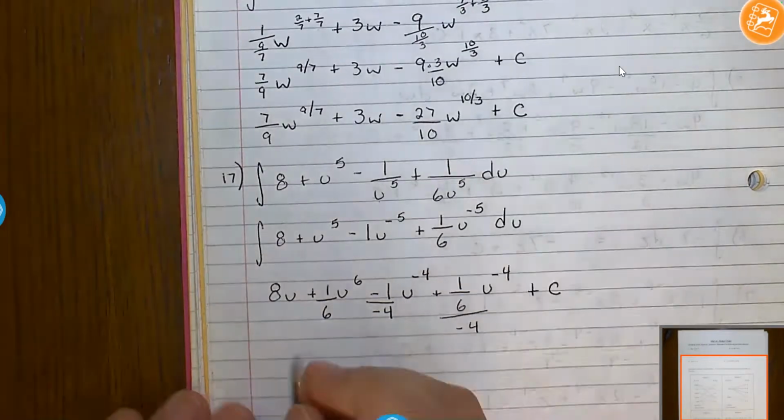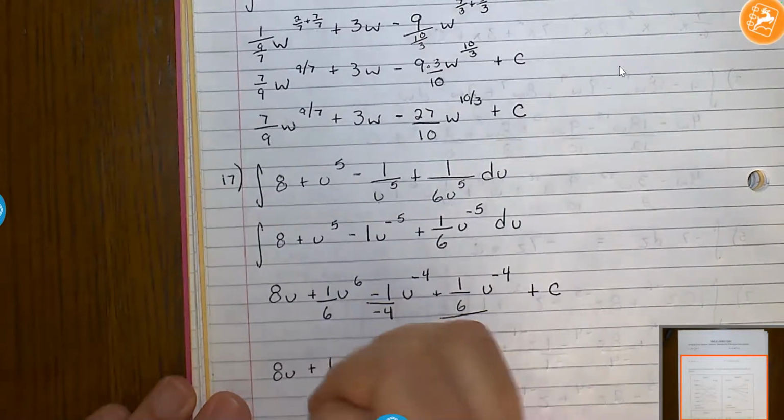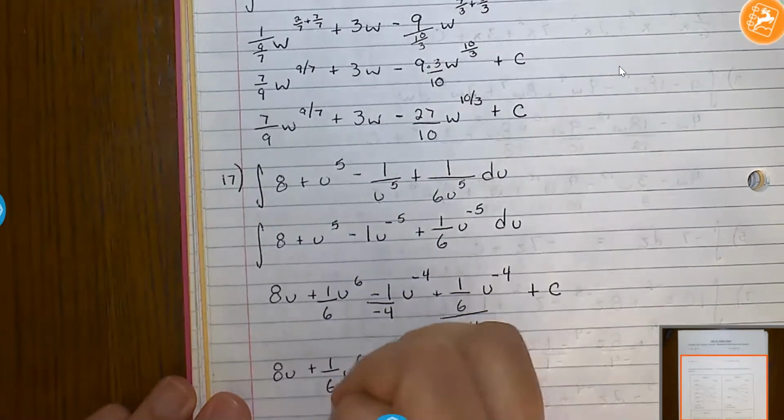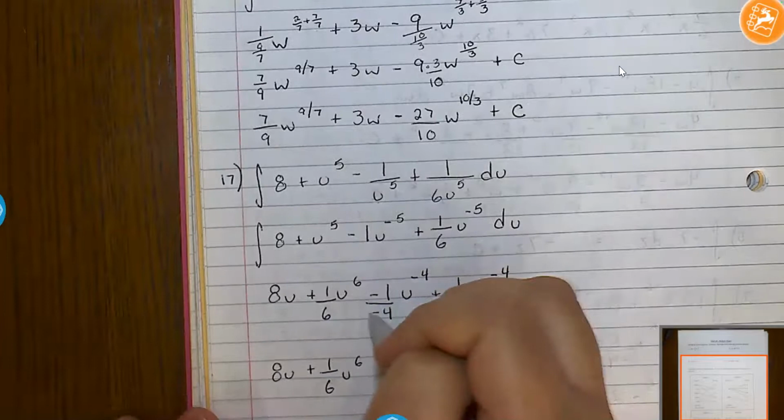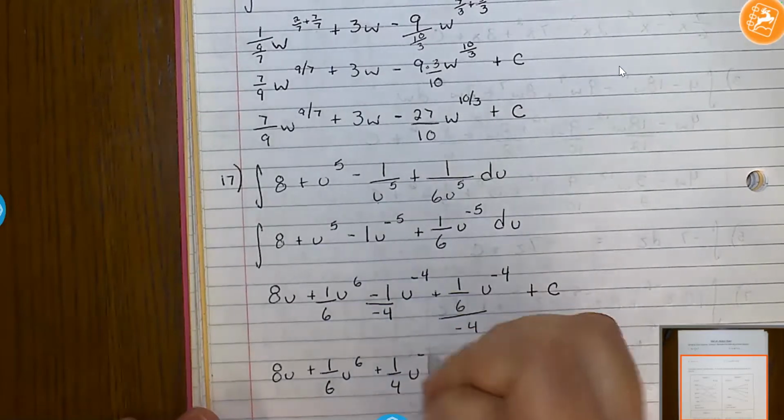Okay, so that 8u is good. The 1/6 u to the sixth is good. Negative 1 divided by negative 4, that's 1/4 u to the negative fourth.